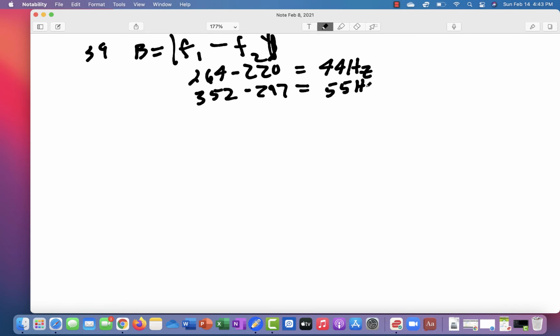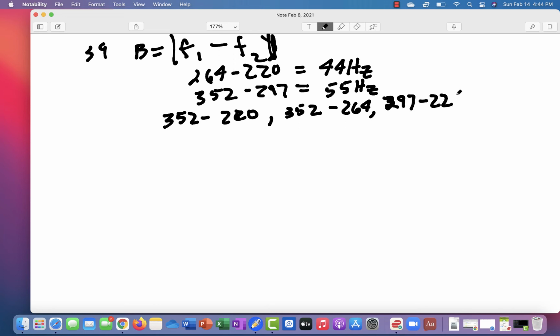If you play them all together, then you get all the combinations. And the various combinations include the two I've already written, plus 352 minus 220, 352 minus 264, 297 minus 220, and 297 minus 264.